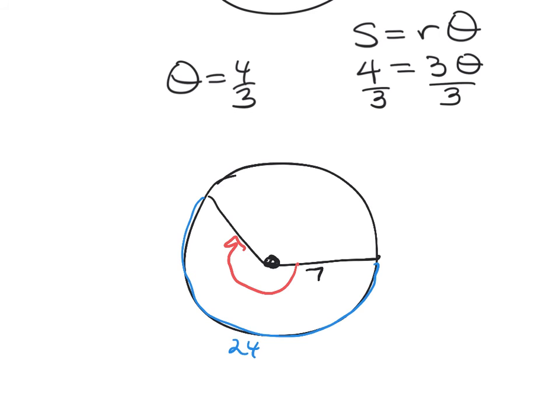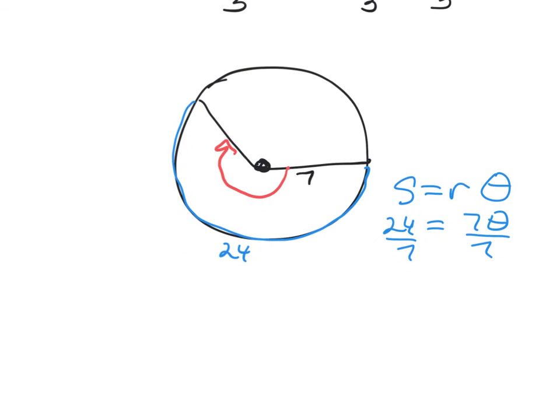So what you should have done here is S is equal to radius times theta, but remember, theta is going to be negative when we're done, because it's going clockwise. So if I put in the numbers, 24 is equal to 7 times theta, divide by 7. Theta is negative 24/7.